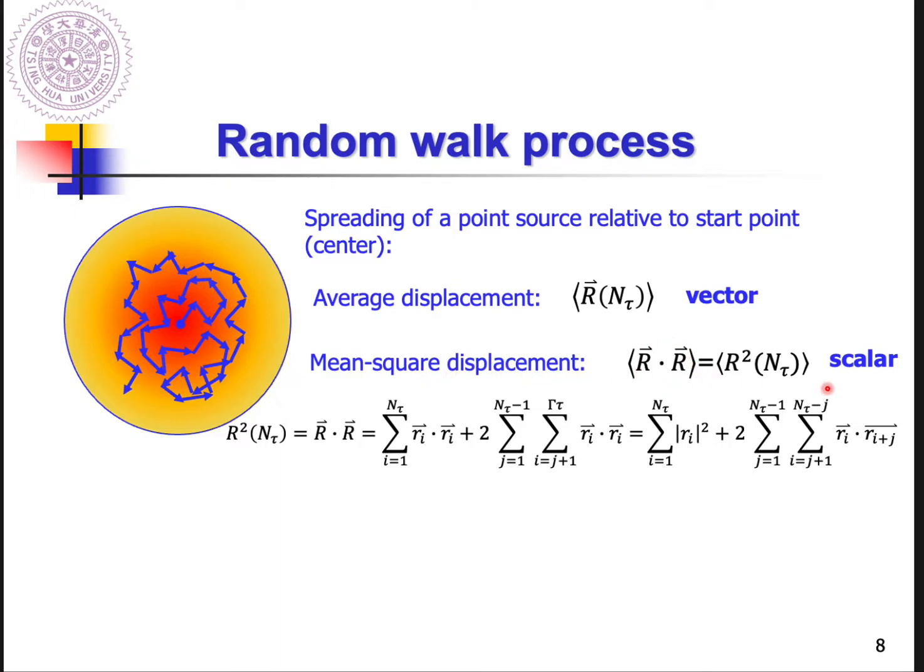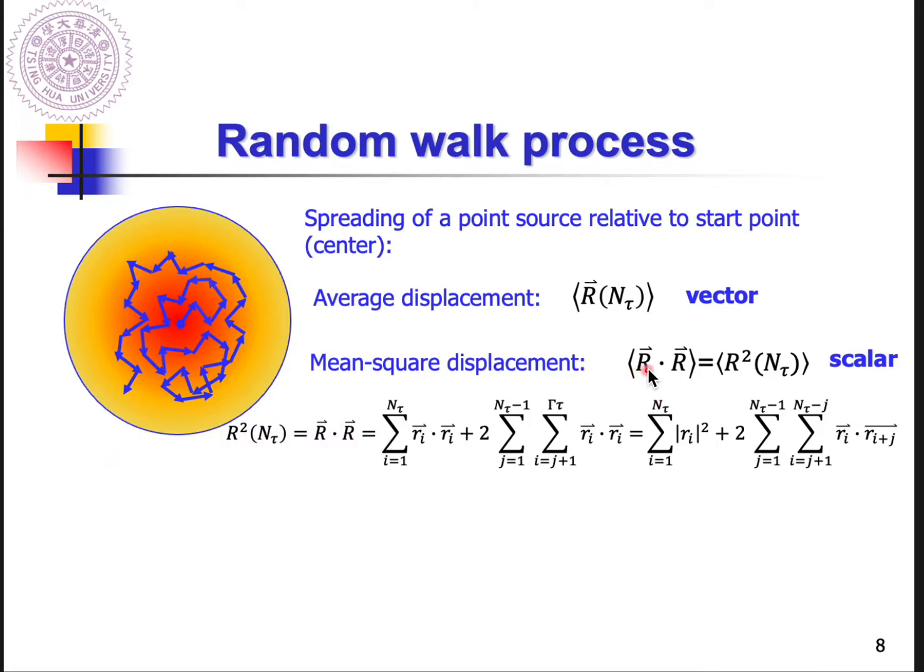Then this becomes a scalar. You sum all the scalars and take the average, so it won't be 0. In the following parts, we are going to determine whether the mean square displacement is a good indicator to describe the diffusion phenomena in macro scale.